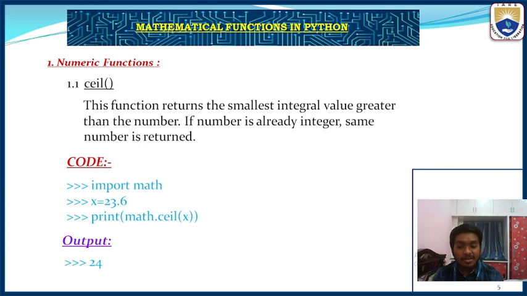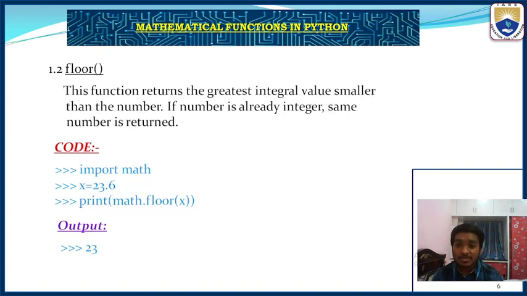We have taken the input as 23.6. 23.6 will be converted into the nearest integer which is greater than the number we have taken. Do not worry about the decimal point. The output should be 24. For 23.1234567, any decimal point and any numbers, it will be converted into 24.